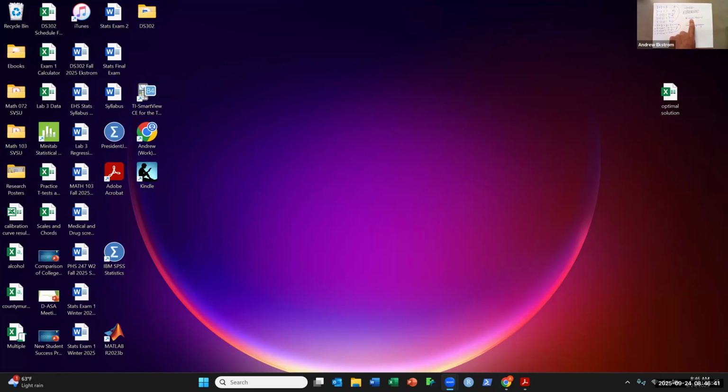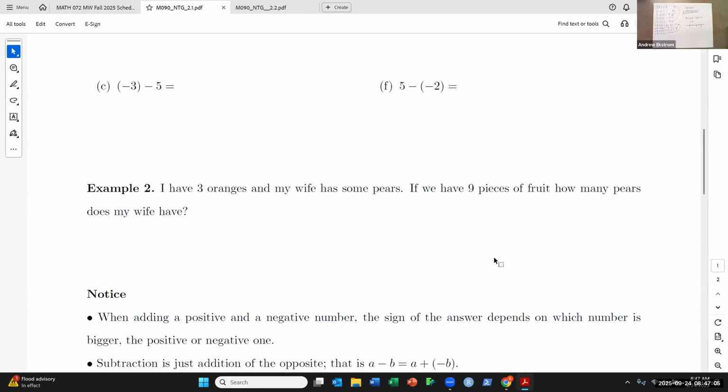So you can think of the negate right here, or the negative, as telling you to do the opposite. So the negative says move to the left. This says do the opposite 2 spaces. It's kind of weird to think about it like that, but that is one way that you can do it.